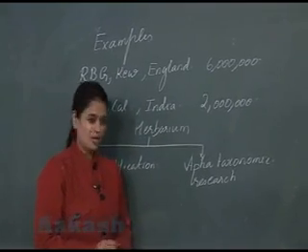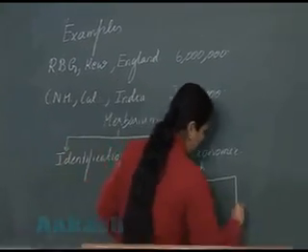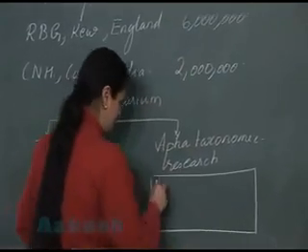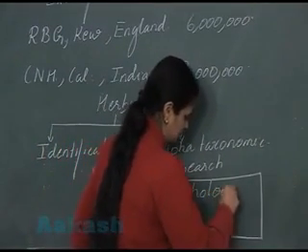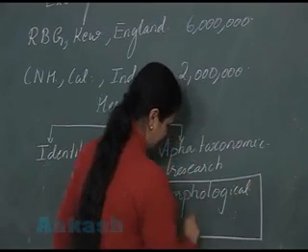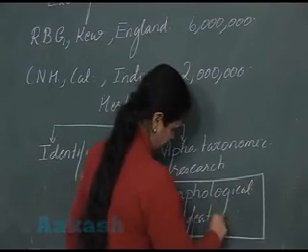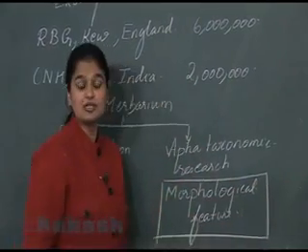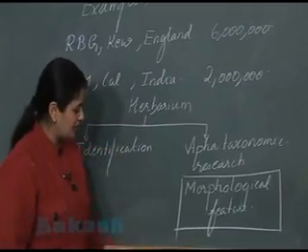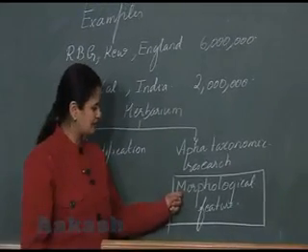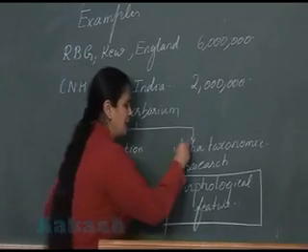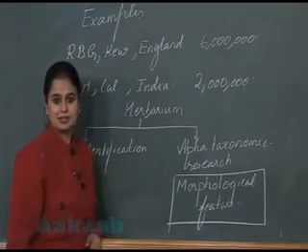Got this? So with the help of herbarium specimen, morphological features can be studied, and taxonomy which deals with morphological characteristics is known as alpha taxonomy.